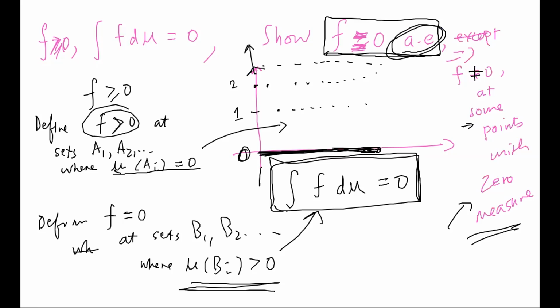So if you have f equals 0 almost everywhere, you integrate it, you're going to get this 0, right? Let's keep it simple in this case because I don't know how it ranges. It is definitely 0.